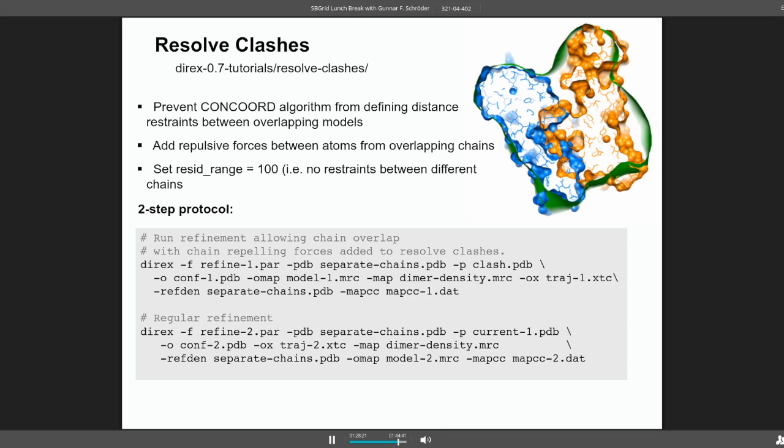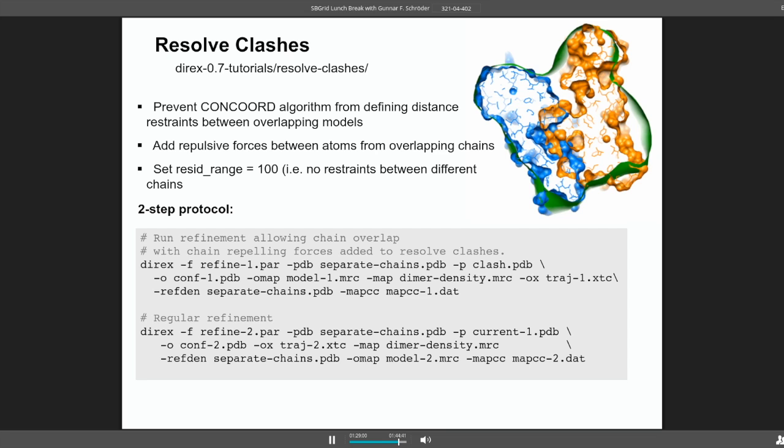In DireX, there are some options to make sure that the chains do not see each other and are allowed to overlap. Then you can also add some repulsive forces between the chains while fitting into the density, which drives them apart from each other. And once that is accomplished, you can switch back to the normal refinement and let the interfaces click in, basically, and let the models refine.